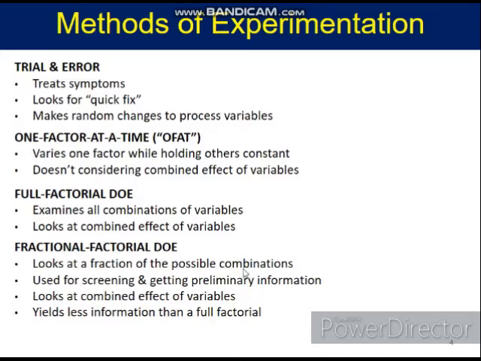So what you can do then is select the top three or four significant parameters, and then run a full factorial design of experiment and get all the information with regards to the effect of the variables on the output response, and also the combined effect of the variables on the output response. So you can have two stages of experiment. First, you run the fractional factorial design of experiment.